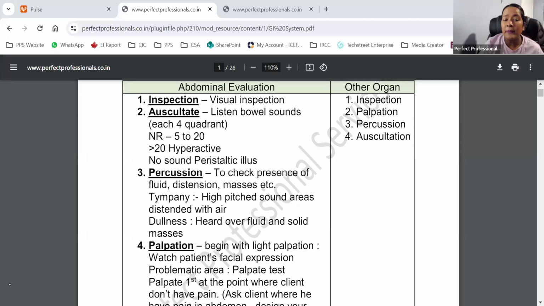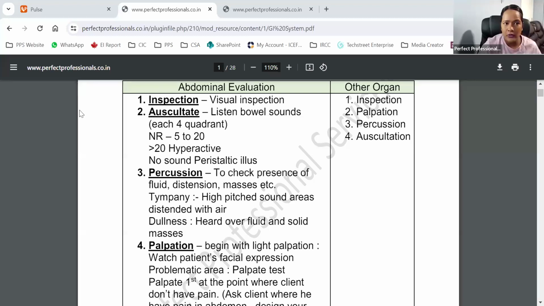You are going to do percussion to check for the presence of fluid, distension, or mass.